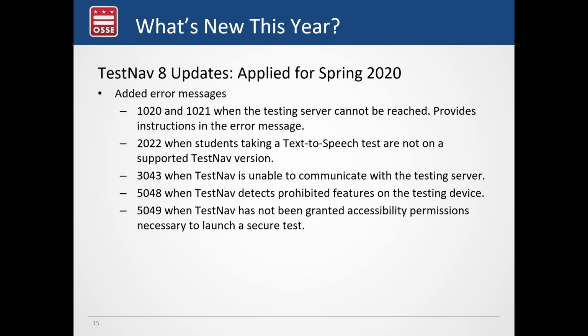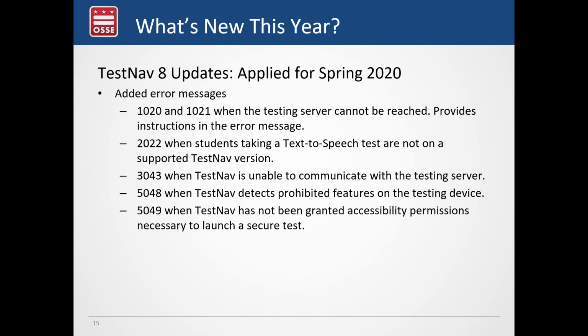Error 3043 is when TestNav is unable to communicate with the testing server. So say you lose internet access, you'll probably come up with this one, or if you're ProctorCaching and something comes disconnected, that will populate.